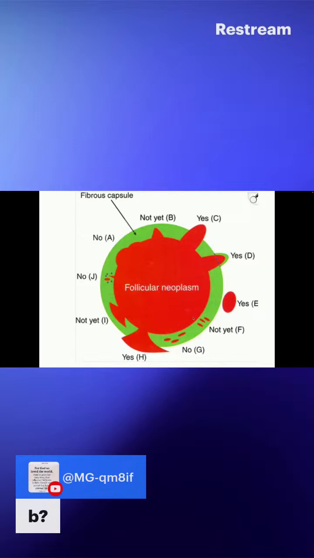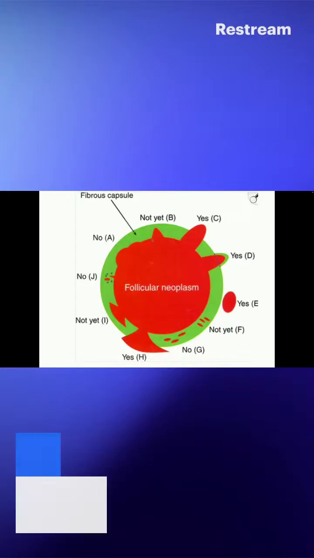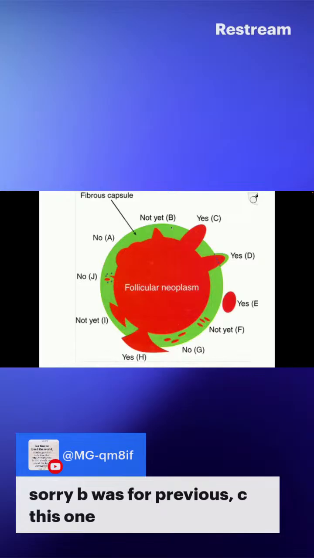So even if you have these kinds of things here in the capsule, you can't consider it a follicular carcinoma. You still say that this is follicular adenoma. But I can see why you go for this one, because it's really confusing. Even with this one, let's go through this picture. Let's say that this is a follicular adenoma.